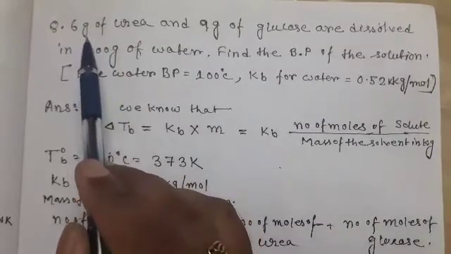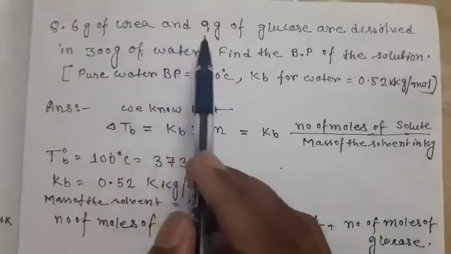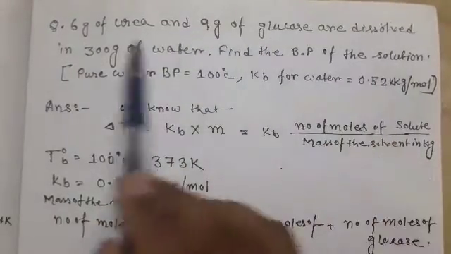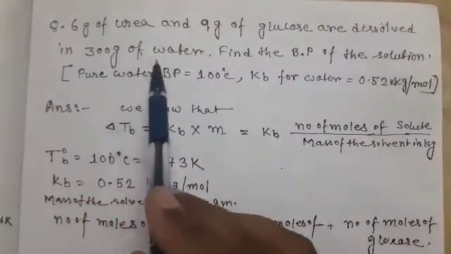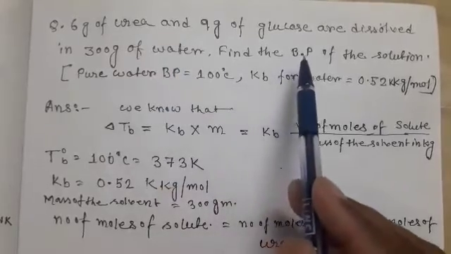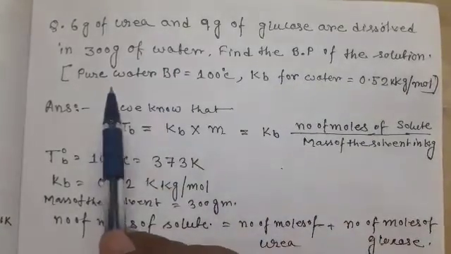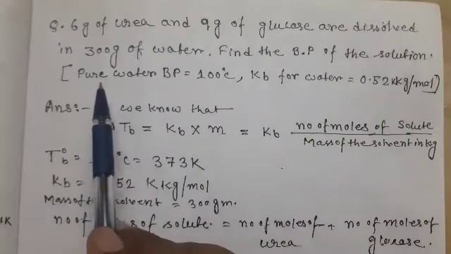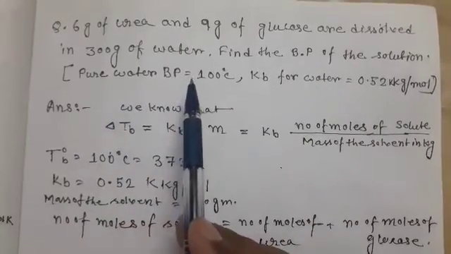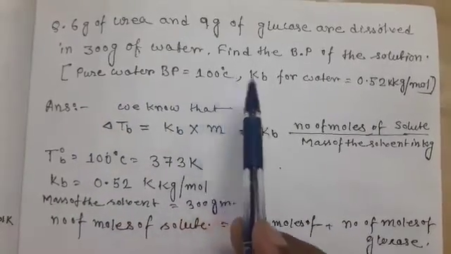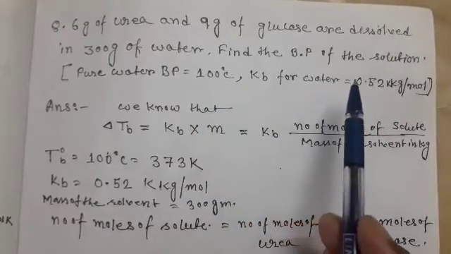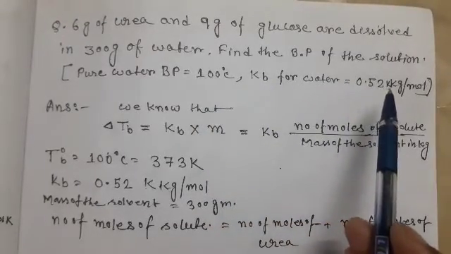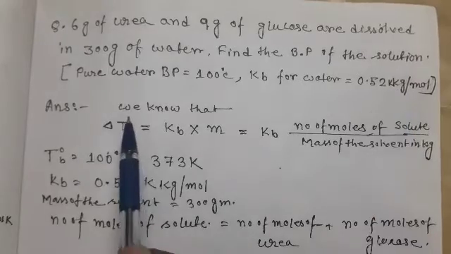Next question is: 6 gram of urea and 9 gram of glucose are dissolved in 300 gram of water. Find the boiling point of the solution if the pure water boiling point is 100 degree centigrade and Kb for water is 0.52 Kelvin kg per mole. Answer.